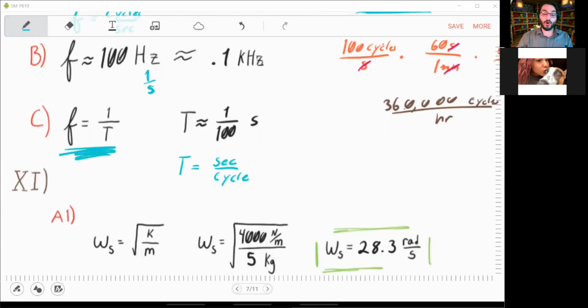And so we get 1 over 100 seconds, which is 0.01 second, right? So there will be an oscillation every hundredth of a second. So every hundredth of a second, we see an oscillation. So that barn door is going crazy. Any questions? All right.